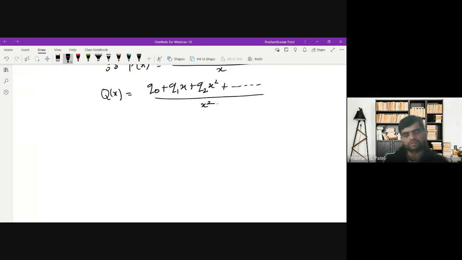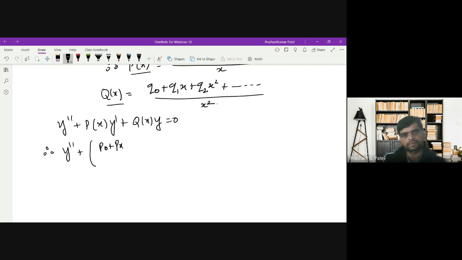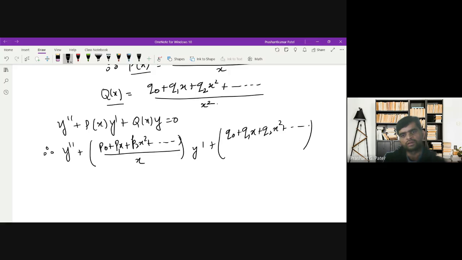Now putting this value of p of x and q of x into the given differential equation, which is y double dash plus p of x y dash plus q of x y equal to 0. If I substitute, then this is y double dash plus p0 plus p1x plus p2x square and so on upon x, y dash, plus q0 plus q1x plus q2x square and so on upon x square, y equal to 0.